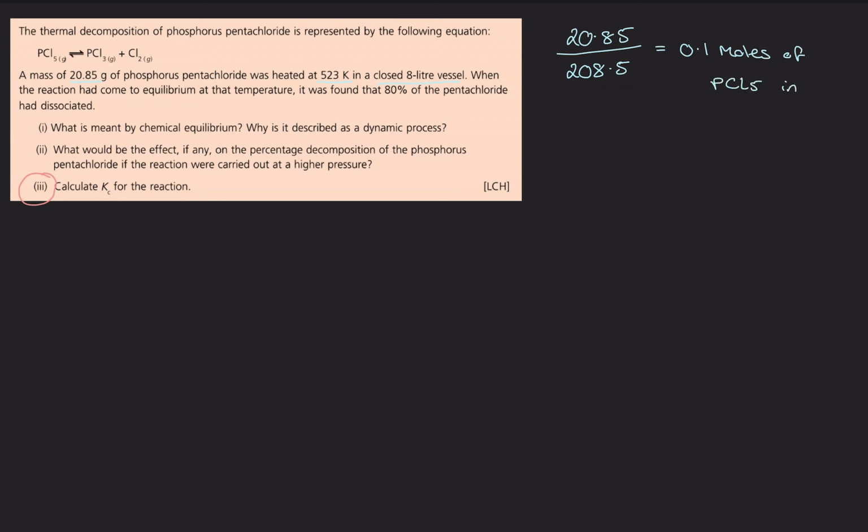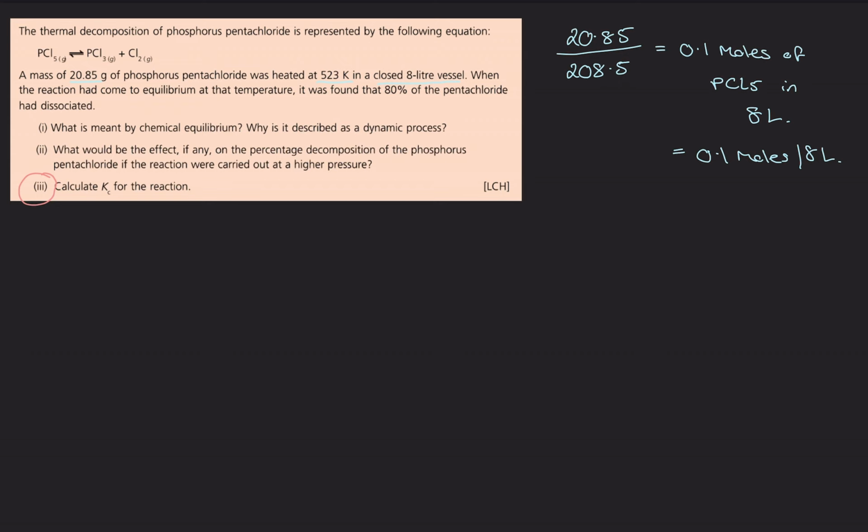And it's in 8 litres. So another way of writing that is 0.1 moles per 8 litres. Now I'm going to change all of my conversions straight away into moles per litre. So that's the amount of moles in 8 litres.